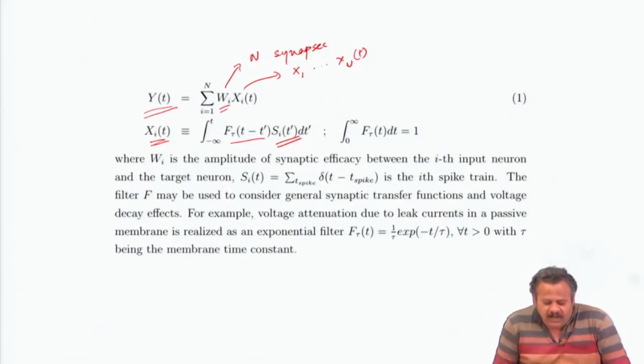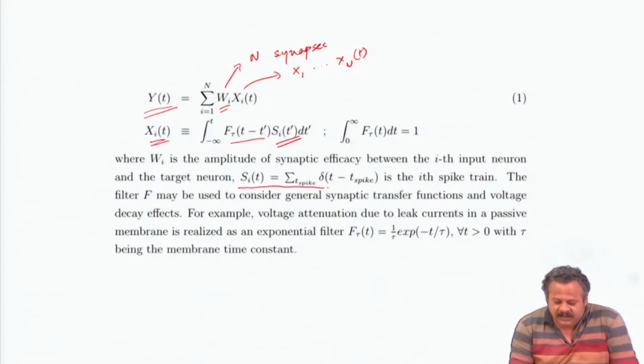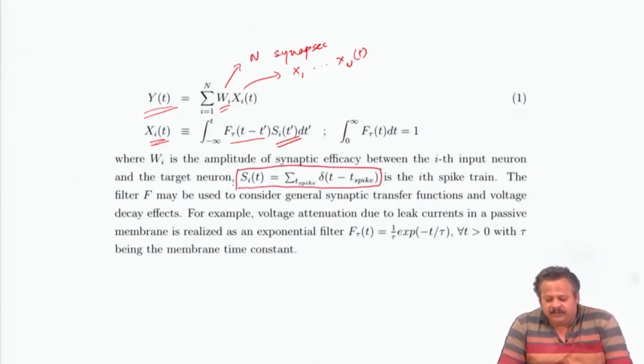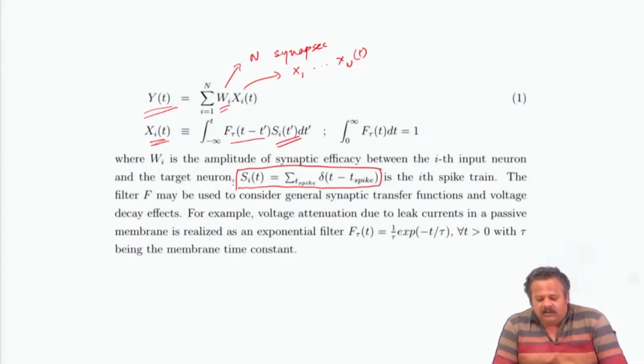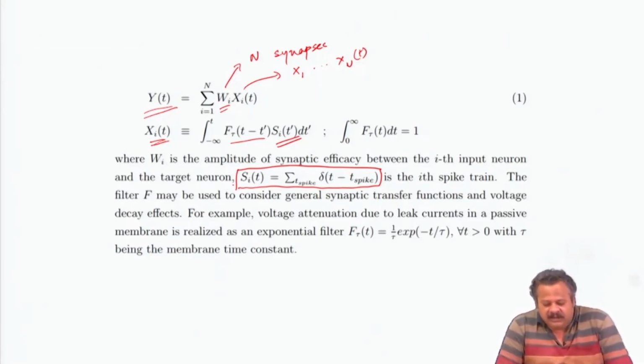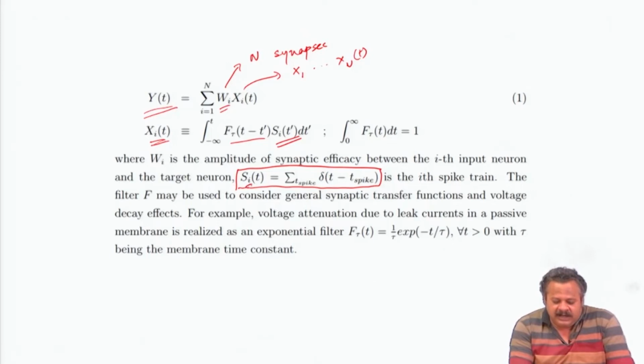So as explained here, this si(t) is simply, as we have always represented, a spike train. It is the summation of delta(t minus t_spike), where t_spike are the spike times of, in this case, the ith input spike train.